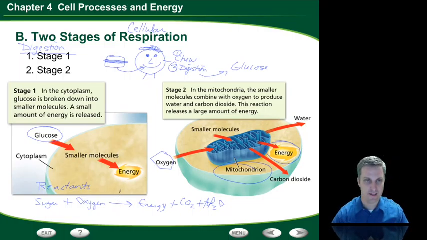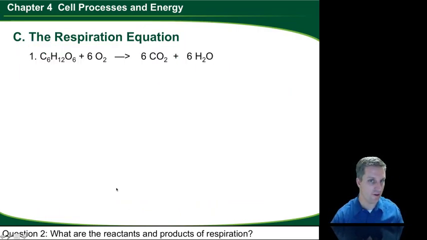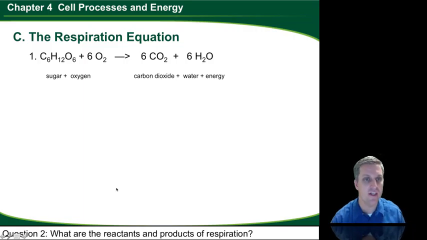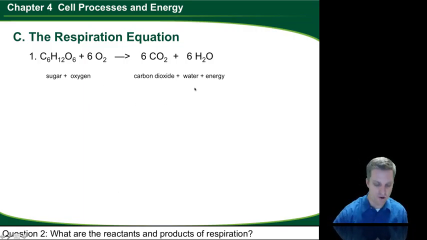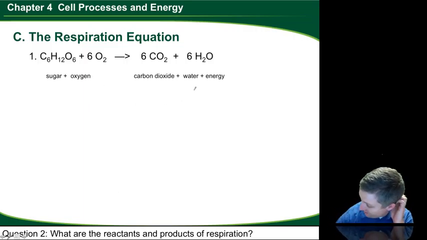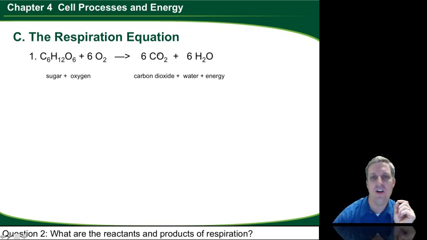Okay, so here's the cellular respiration equation. We just drew it out. And notice, if you are very attentive, you'll recognize that this is almost exactly the flip of photosynthesis.